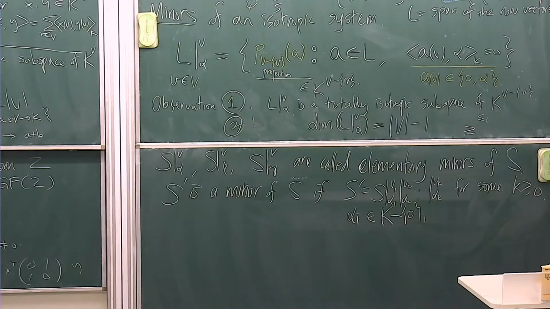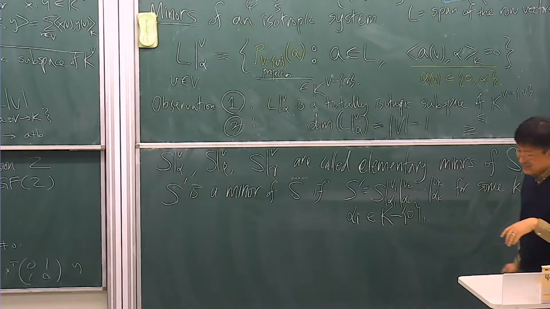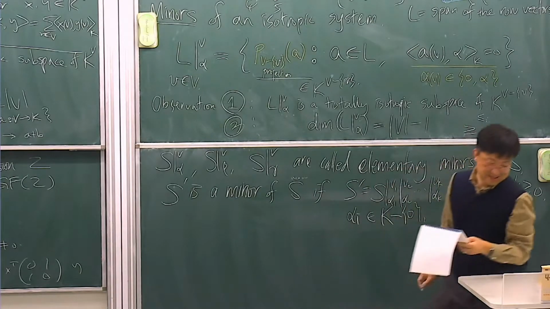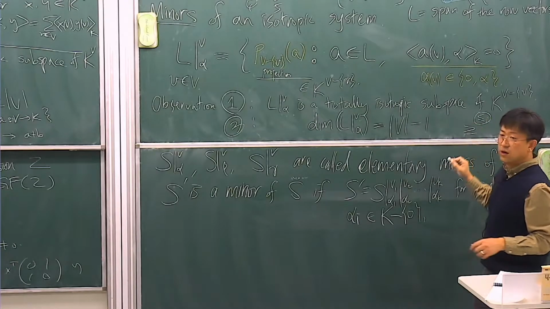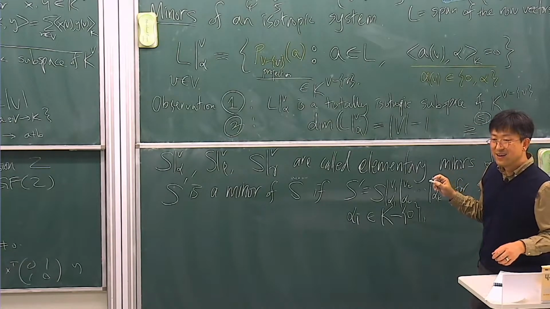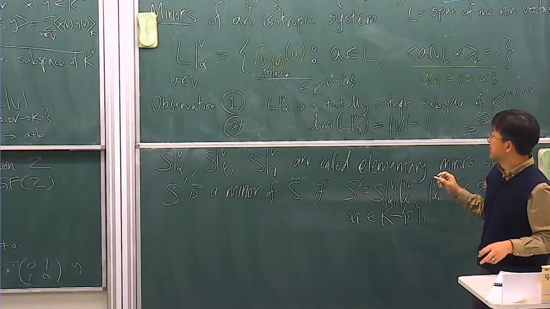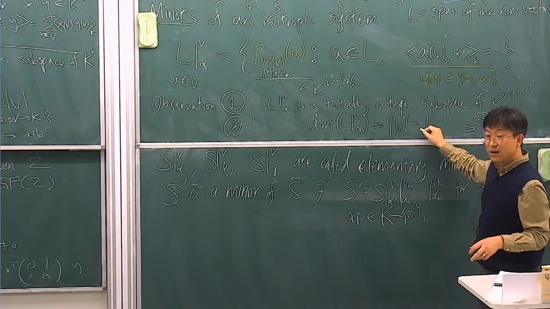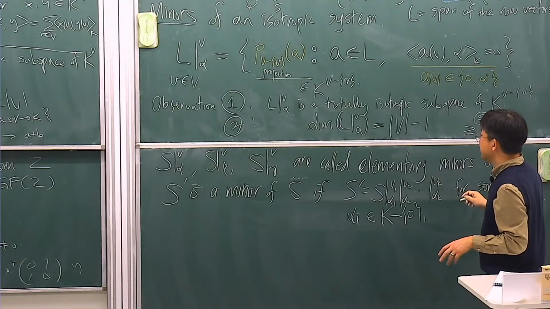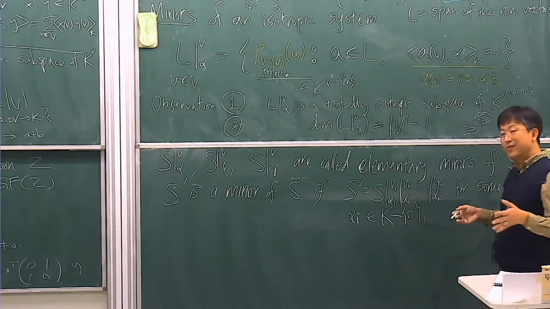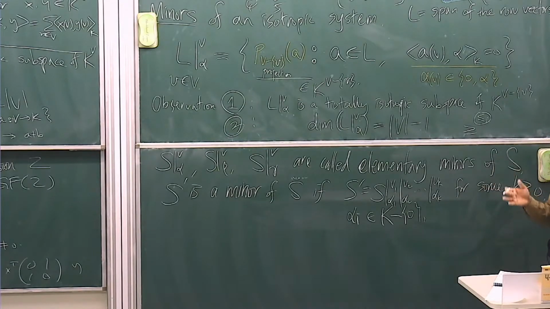Right. So we have seen a definition of isotropic systems and minors. If you do this twice, say V1 alpha 1, V2 alpha 2, then if I do it once, I decrease the dimension by 1, right?